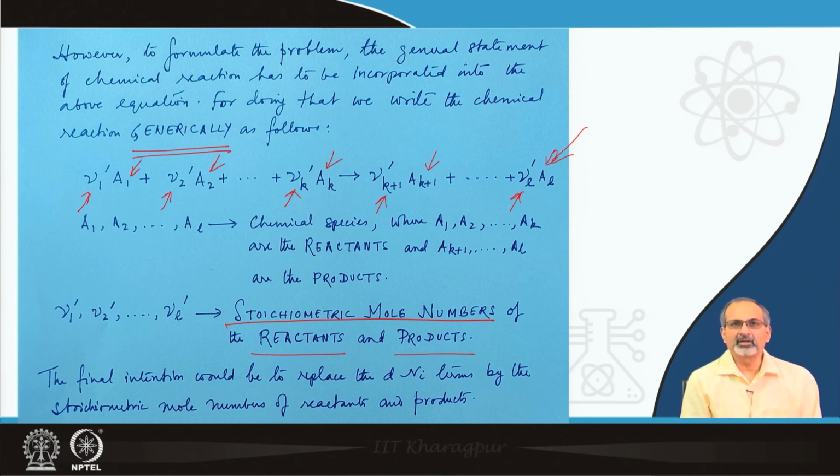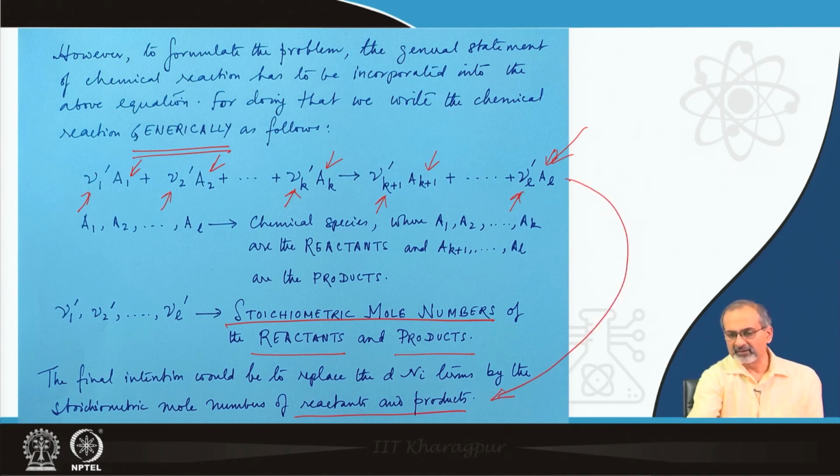So, depending on the kind of chemical reaction, all these species and the corresponding stoichiometric mole numbers would be decided, and the final intention would be to replace the dNi term, which is in terms of moles, by the stoichiometric mole numbers of the reactants and products coming from a generic chemical reaction of this form. That is the way we can couple the things closely with the chemical reactions.